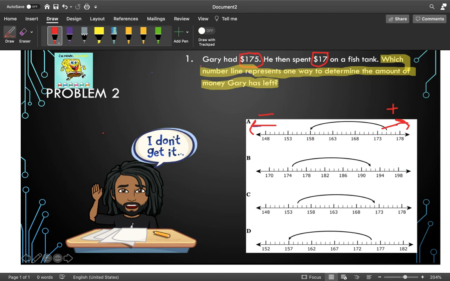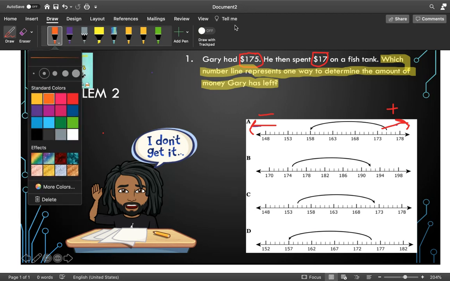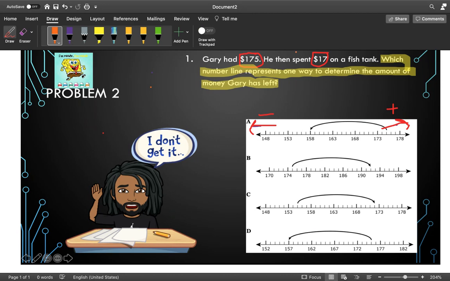All right. So let's go back and look at this problem. We're going to try to pull out any key math terms that we may find. It says Gary had $175. He then spent 17 on a fish tank. I heard someone say that spent is actually a math action word, and they are correct. Because if you spend something, what operation is it telling us to do?